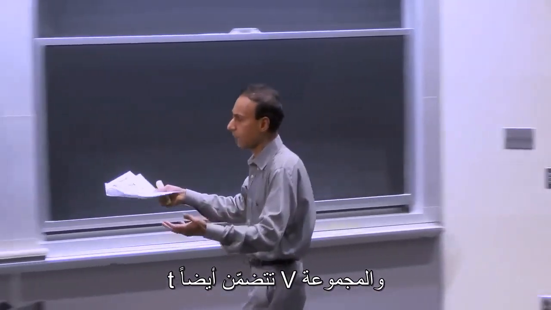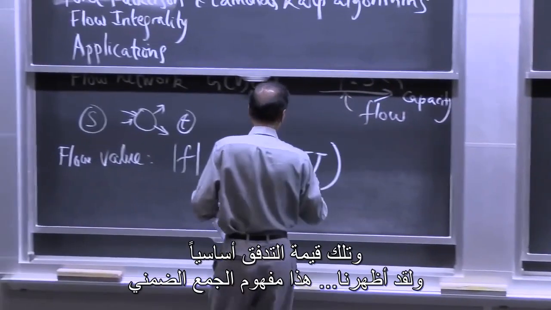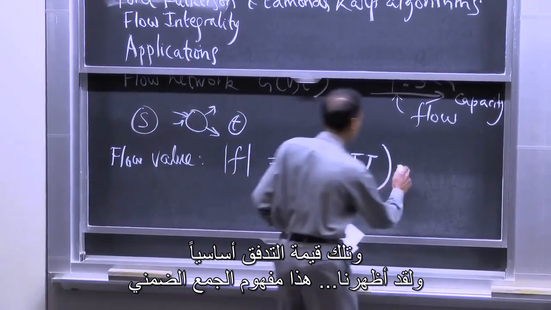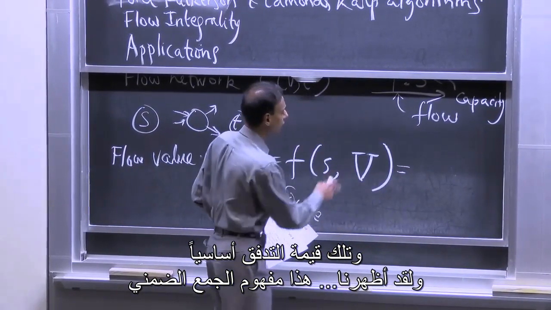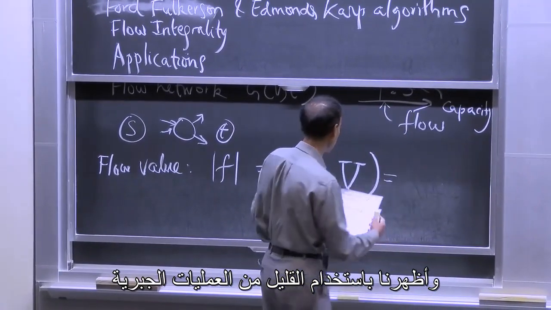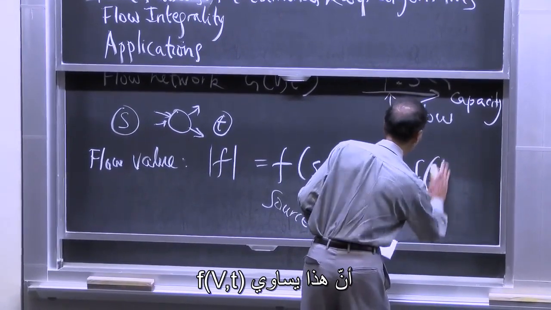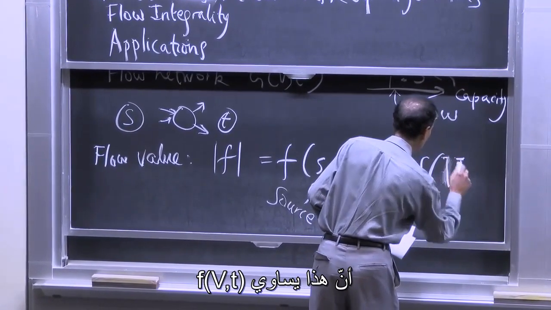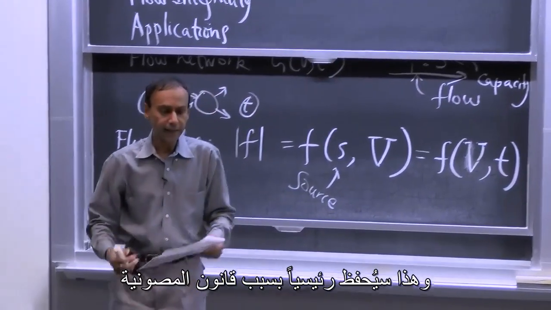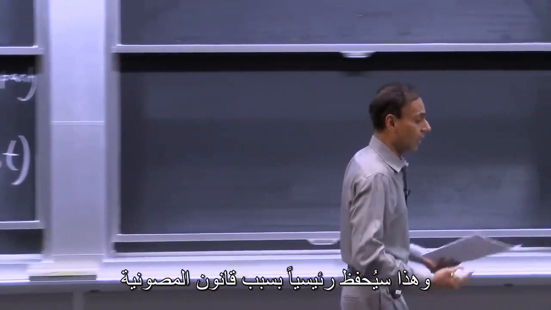And those, the cap V includes t as well. And this is essentially your flow value. And we showed, this is implicit summation notation, we showed using a little bit of algebra that this equals f(V, t). And that's going to hold because of flow conservation primarily.